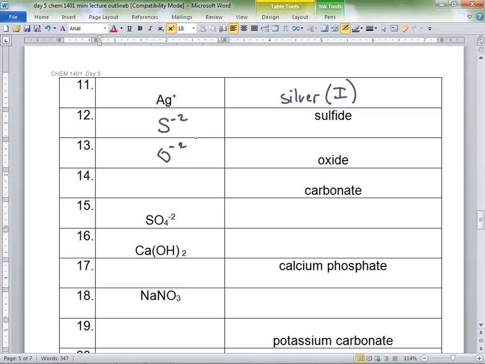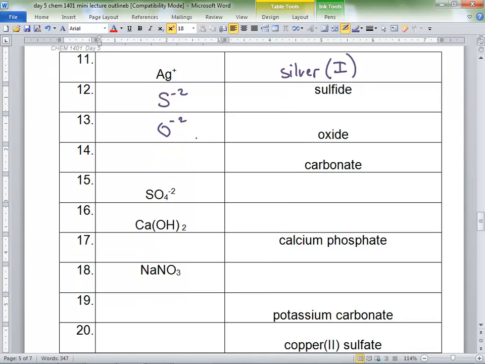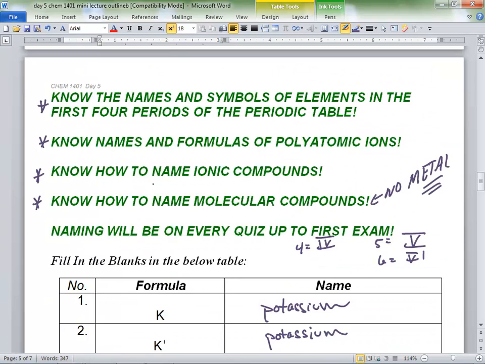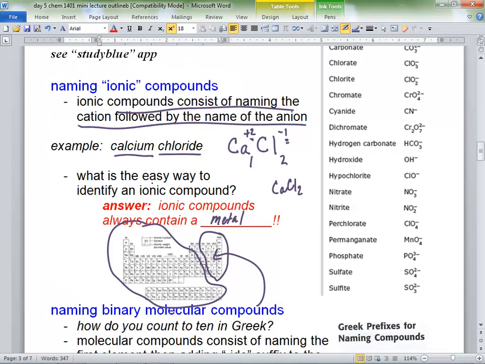I think all the easy ones are gone. Carbonate. We're going to have to cheat and look at that table, I think, unless someone's got a shirt with all this stuff on it. C what? Where is it?